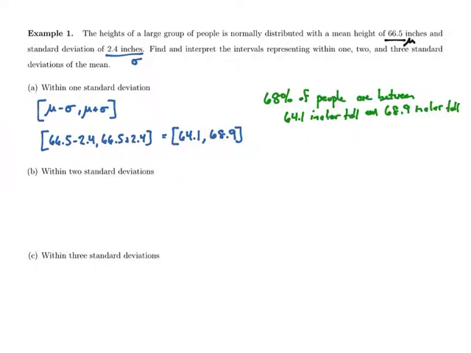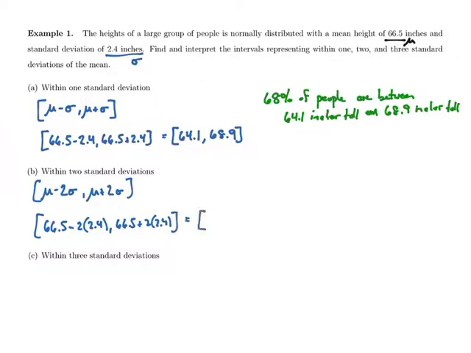Within 2 standard deviations, we're looking at mu minus 2 sigma to mu plus 2 sigma. That is 66.5 minus 2 times 2.4, and 66.5 plus 2 times 2.4, which is going to be 61.7 and 71.3.